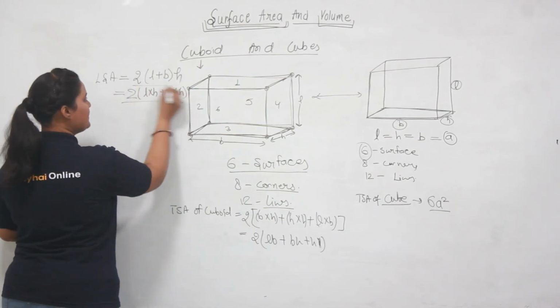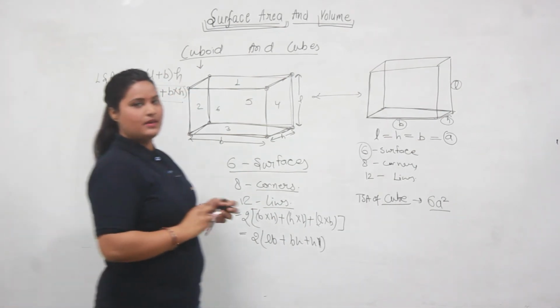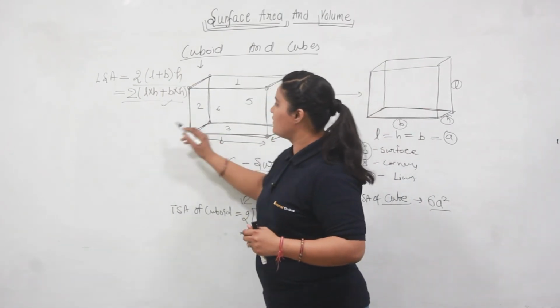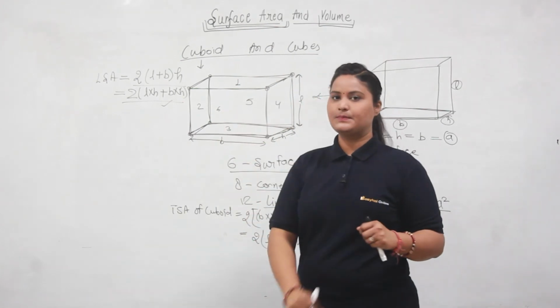I just summarize it and write it as 2(L plus B) into H. Clear? So that is the lateral surface area of a cuboid.